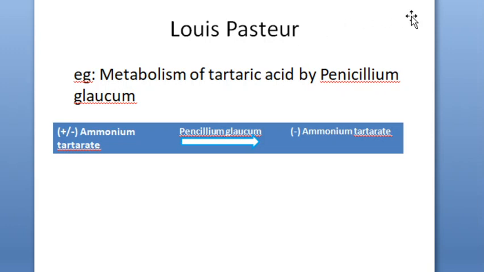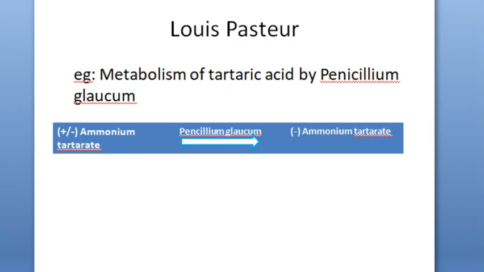This plus and minus ammonium tartrate are in the same container, and one of the isomers is selectively eaten away by Penicillium glaucum, a microbe. This microbe is selectively feeding on the plus isomer. If it is feeding on the plus isomer in the container, what will be left over? The minus isomer will be left over, that is minus ammonium tartrate is leftover. Therefore, you can classify this reaction as what?